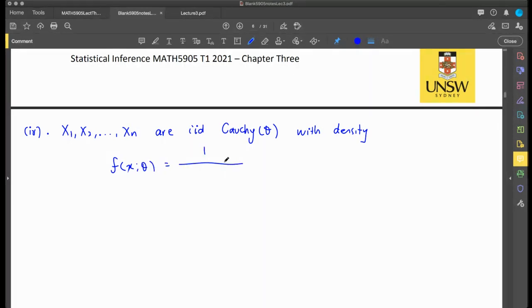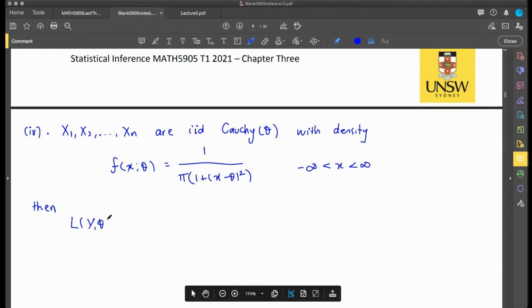It is 1 over pi times 1 plus (x minus theta) squared. Okay, and it's defined over the whole real line. So this has really heavy tails. The Cauchy distribution has heavy tails compared to a normal distribution.